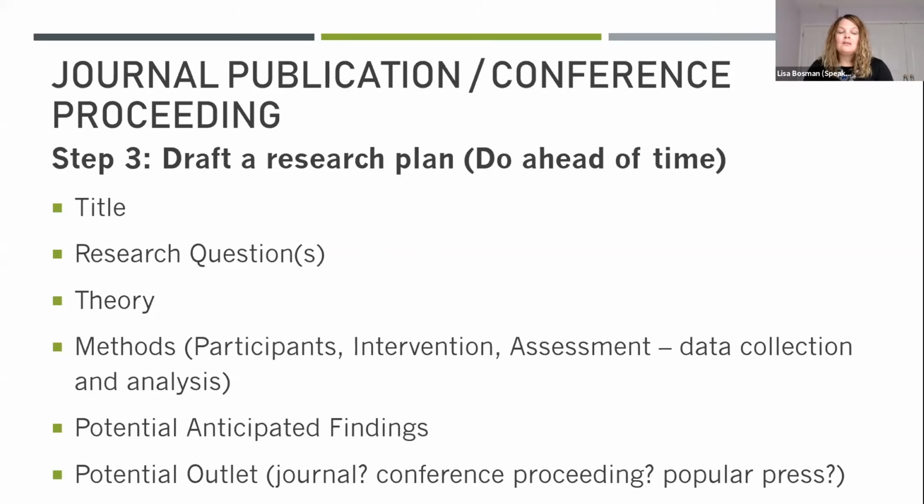The next one is the methods. And this is a bit more straightforward. So the participants, this is depending on the class that you're teaching, it's probably, if you do this within a class, the participants will be the students in the class. The intervention, we can borrow from step 1, whatever we decide on the intervention. The assessment, which then refers to the data collection and analysis.